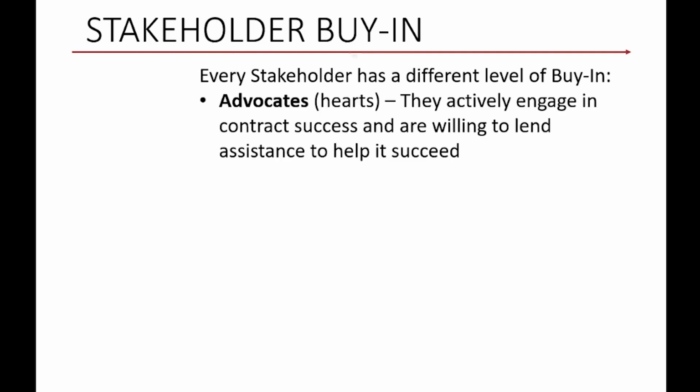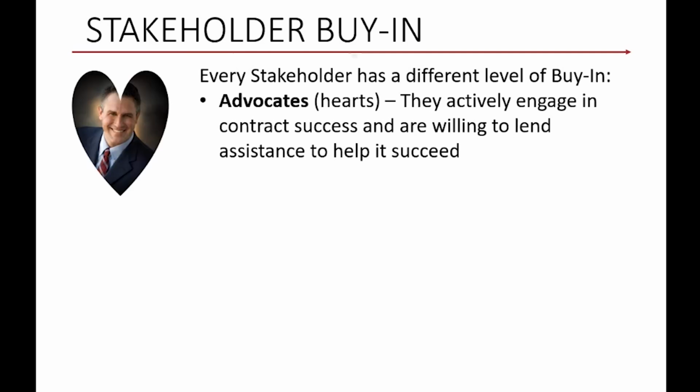First, we have advocates. I give them heart, right? They actively engage in contract success and are willing to lead and assist to help your contract to succeed, right? These are your advocates, the people that fought for the contract and will continue to fight for the contract.